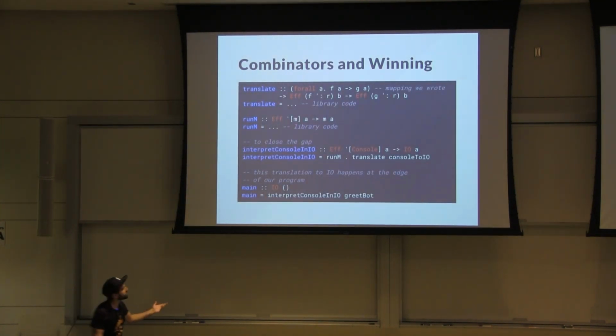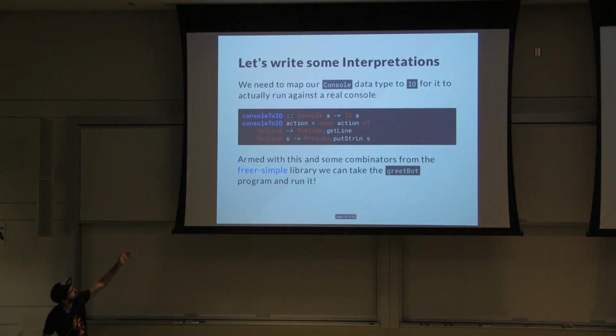So a brief aside, Freer Simple exports a lot of combinators for being able to compose these interpreters. A quick one that we'll talk about: we'll notice here that the type signature is Console A to IO A. So morally speaking, this is a natural transformation, but the idea is we're just trying to do a very simple transformation from one data structure into another monad.